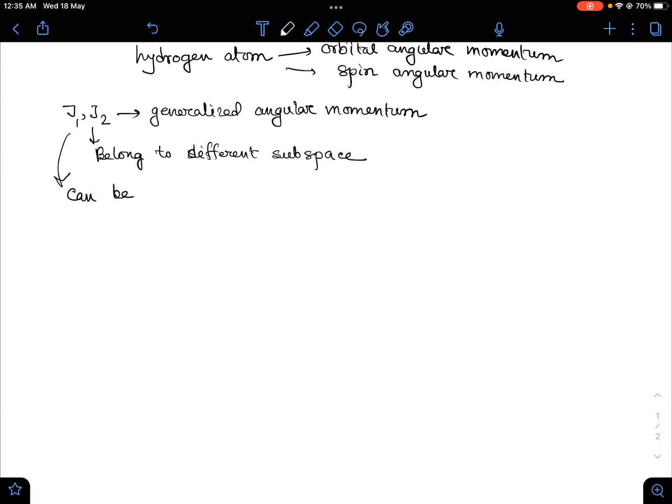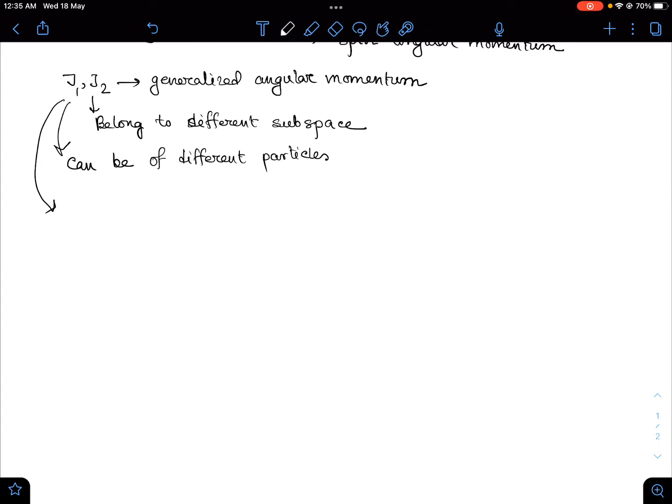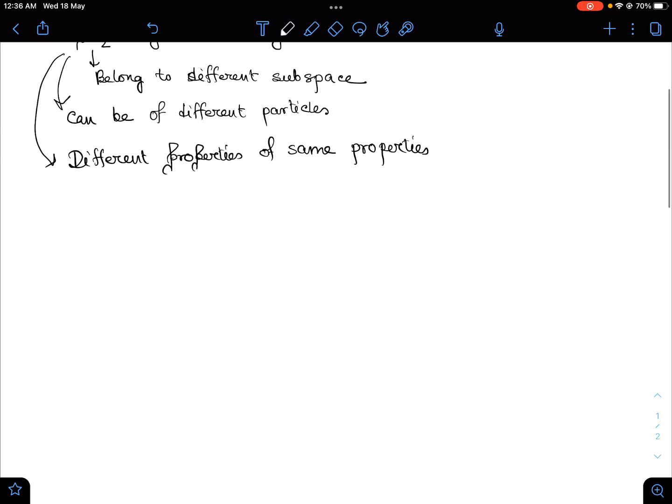Suppose you have two electrons, so these angular momenta can be of two different electrons. Or they can refer to different properties of the same particle, for example, spin angular momentum and orbital angular momentum of an electron. That is what we are talking about. So we have these two generalized angular momenta.